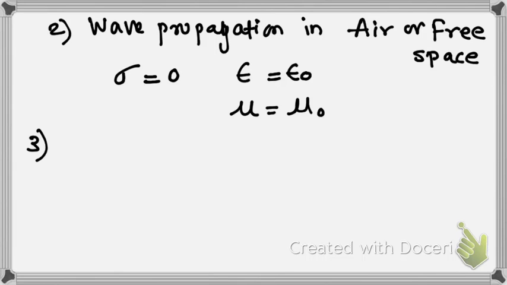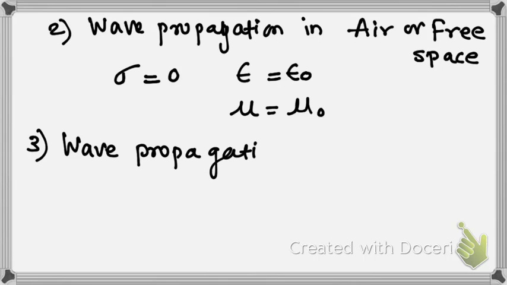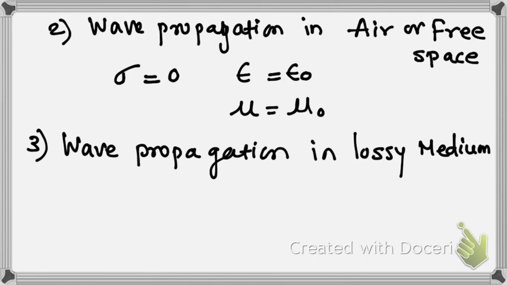Now, the third category: wave can propagate through a lossy medium. Lossy medium means where amplitude distortion will occur, or there is a loss of amplitude of the electric field or magnetic field of the wave when it travels through that particular medium. Why does this happen? Because there is some kind of conductivity present.